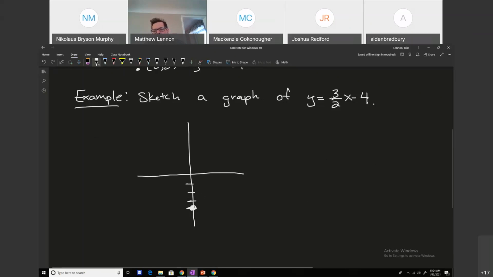So that means if you move up 3 and right 2 from a point that's on our graph, the y-intercept, we should find another point on our graph. So let's go ahead and do that. So if we move from this dot up 3 and right 2, that also must be on our graph. And that gives us a really quick way to sketch a graph.